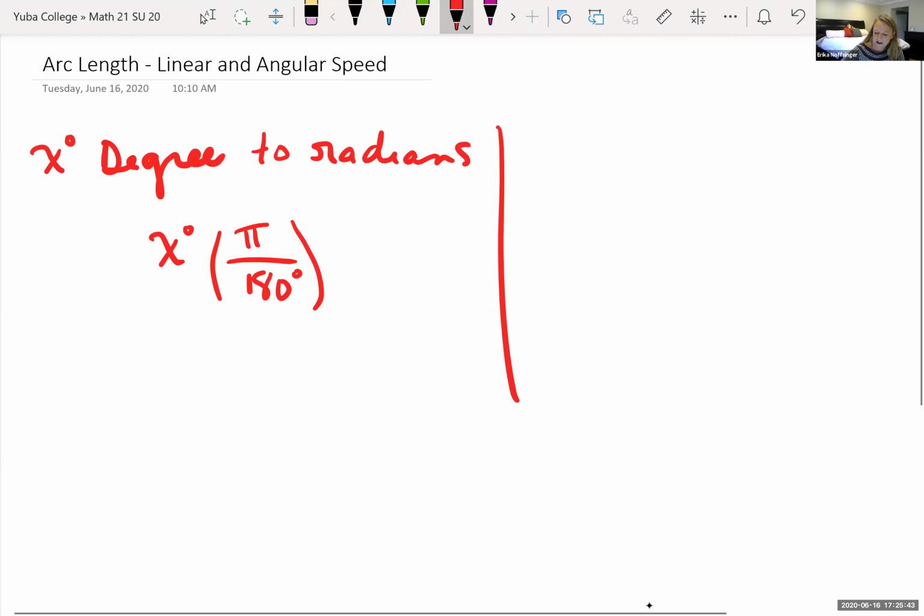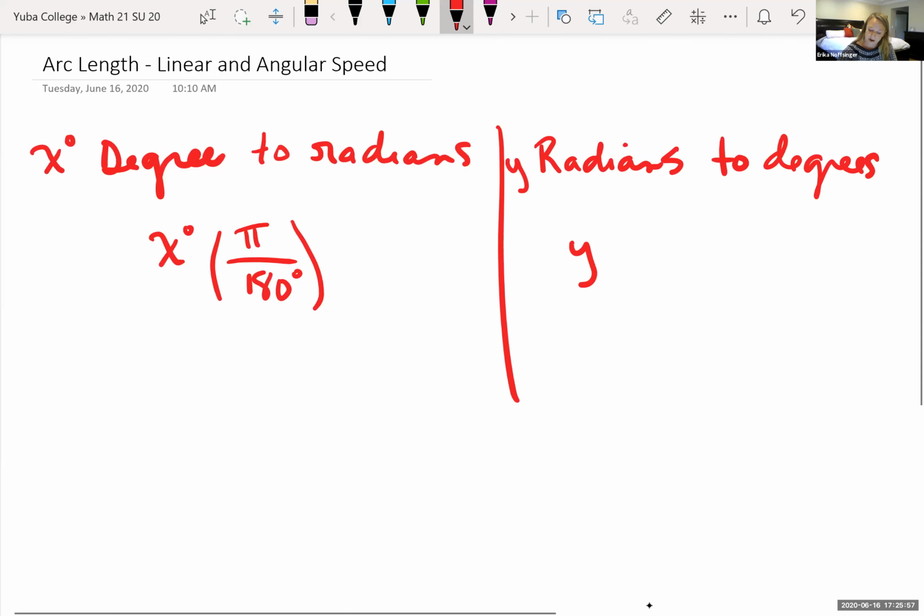And if we wanted to go from radians, let's say Y radians, to degrees, you would take the Y, your radian measure, all times 180 degrees all over pi. Okay, so that was one thing that we talked about.